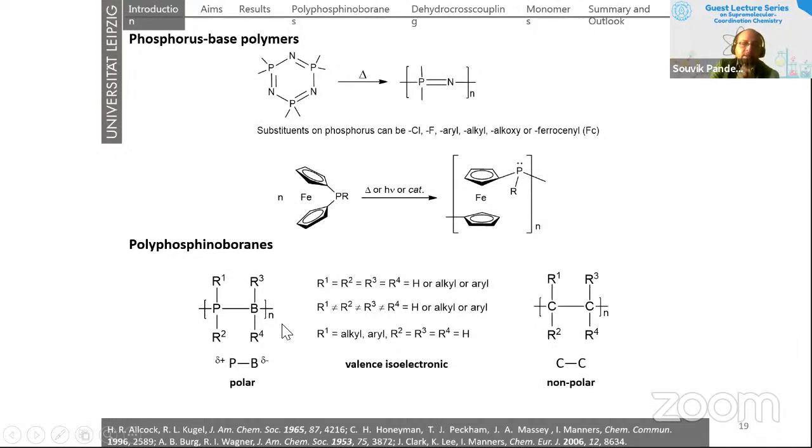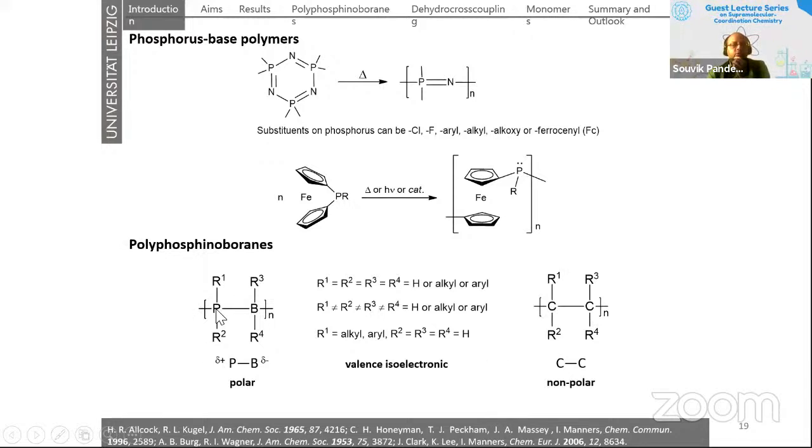If you see, this is valence isoelectronic with a carbon-carbon bond. Carbon has four valence electrons, so four plus four is eight. But here in this case you have five electrons and here three electrons, so five plus three is eight. That's why it is called valence isoelectronic with carbon-carbon. But one more interesting factor: with the carbon-carbon polymer there is no difference in electronegativity between the two carbons.